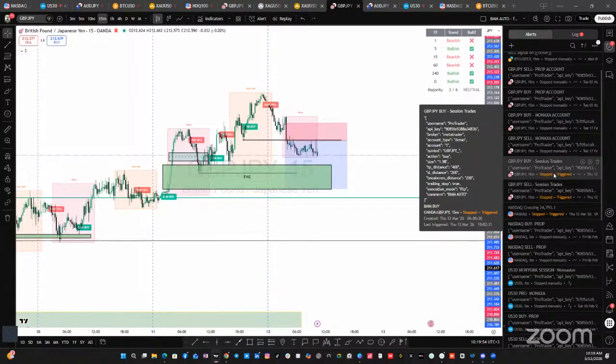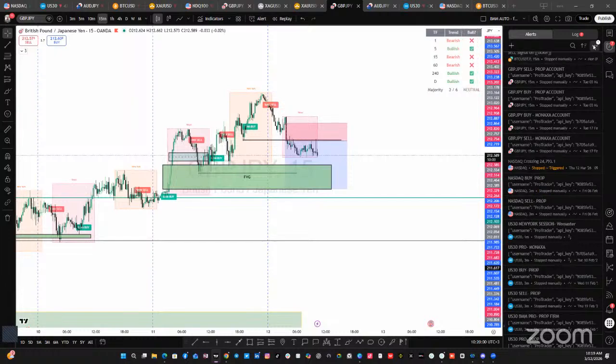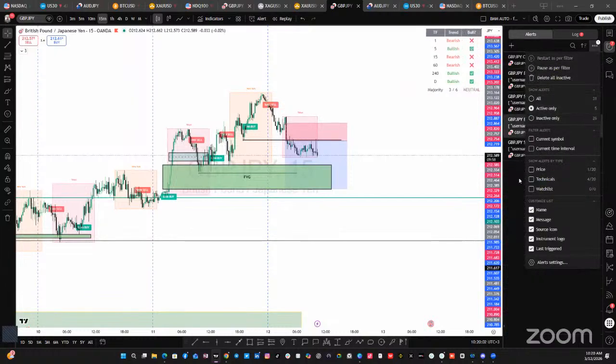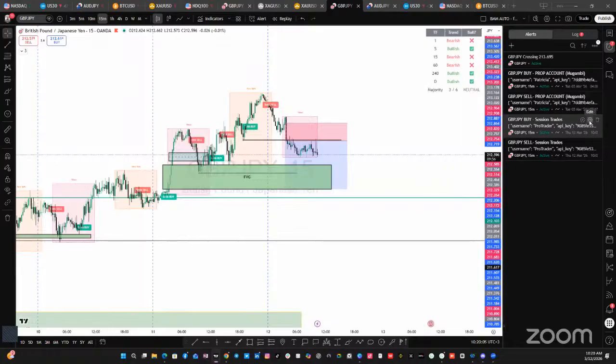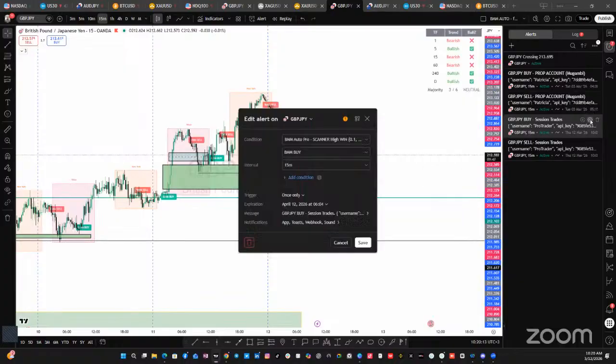GJ session trades. Okay, we have session trades. Mine needs to be active. I think I did it wrong. It is good. So this one, 15, once only.